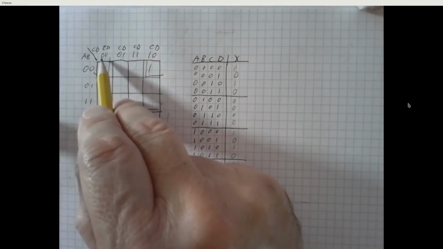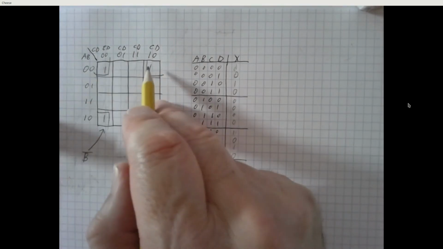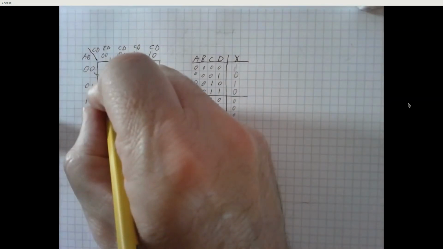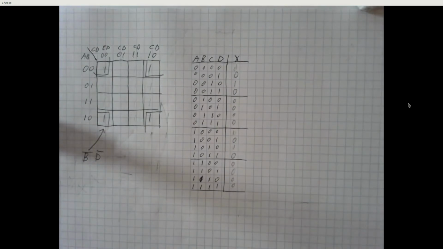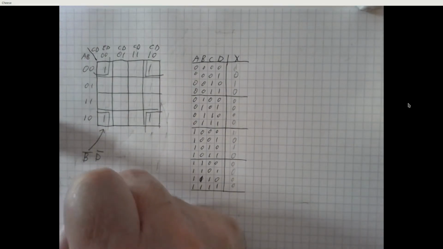Here C is a 0, C is a 0, but here C is a 1, C is a 1, so C can be 0 or 1, ignore C. And D is a 0 here, and it's a 0 here and here, so D is always 0, so D bar. That's the only rectangle we need to cover all of our 1s, so we can write our equation for x.